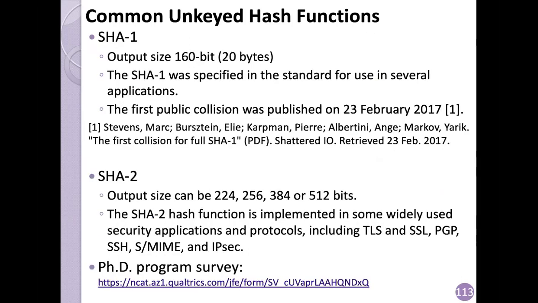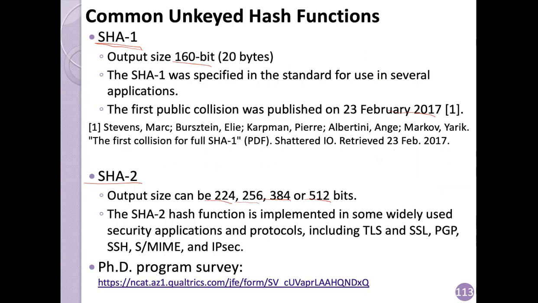Other hash functions that you may have heard about: SHA1 has an output of 160 bits, 20 bytes. In 2017, a collision was found for that. SHA2 generates output of 224, 256, 384, and 512 bits, and it's being used in many applications.